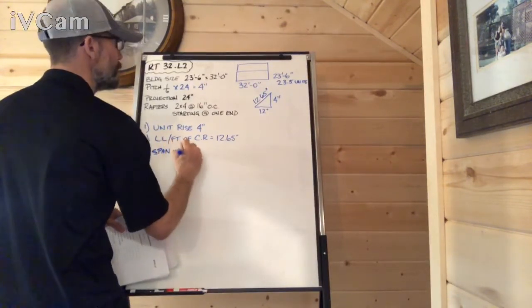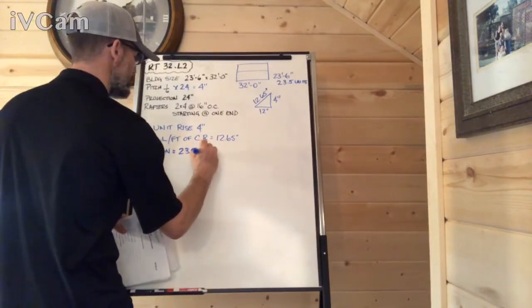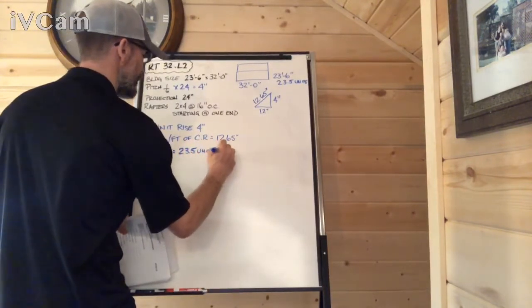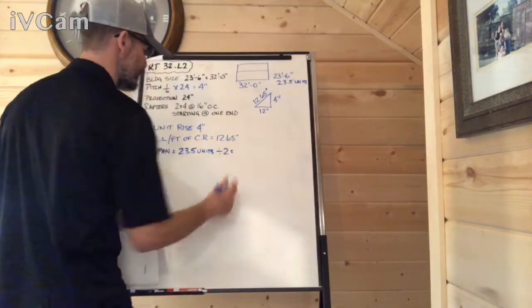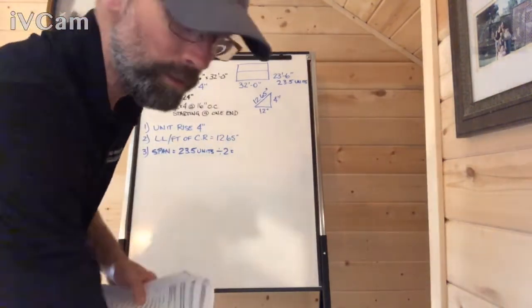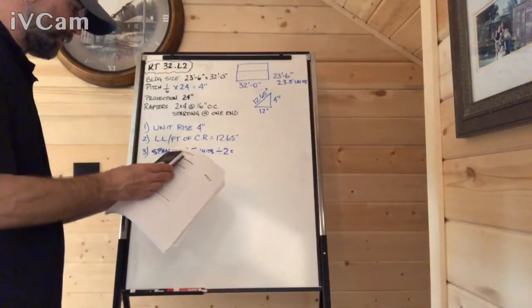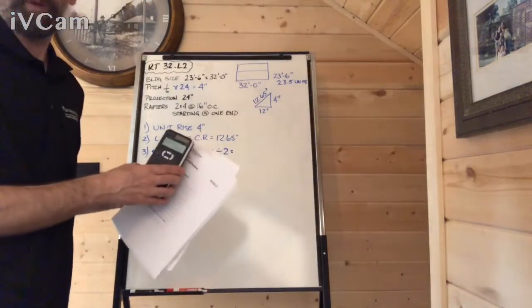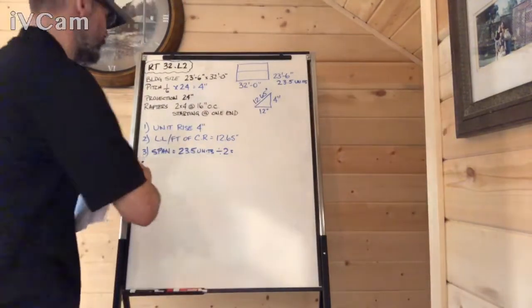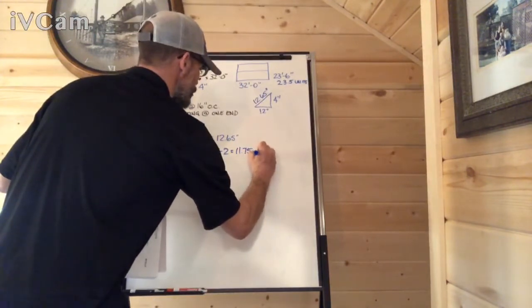Span is equal to 23.5 units. Divide that by 2 equals my units of run. Well, why didn't I do any of these answers? 23.5 divided by 2 gives me 11.75 units of run.